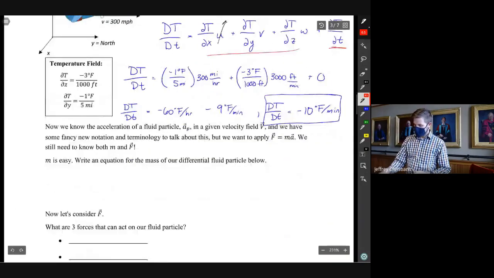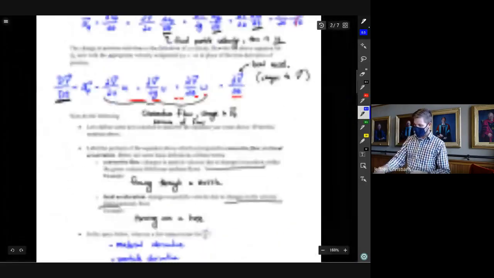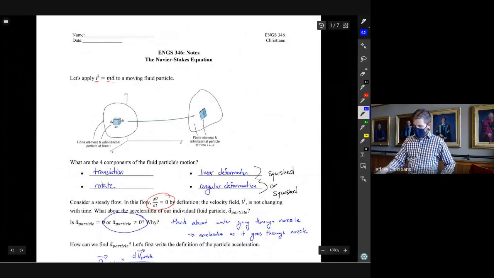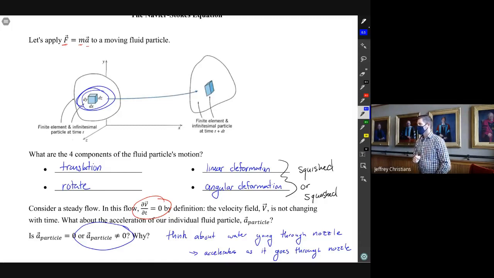Mass is the easy one. If I scroll back up to the very first page and look at this little chunk of fluid, what is its mass? Its mass is density times volume. Its density is rho. What's its volume? Just dx, dy, dz, the side lengths.